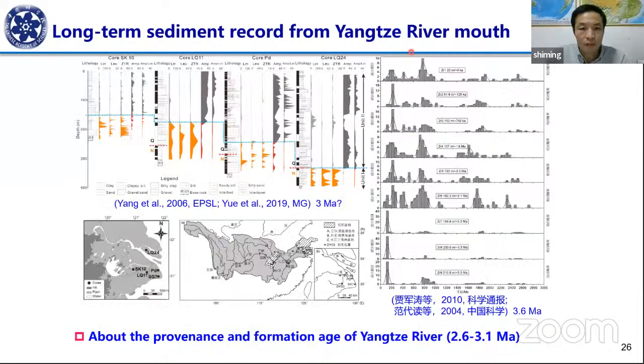And for the Yangtze River, there are also many drill sites in this area, and they focus on provenance and suggest a young formation age for the Yangtze River evolution, around 2 to 3 million years. These provenance studies are mostly based on zircon dating and heavy minerals.